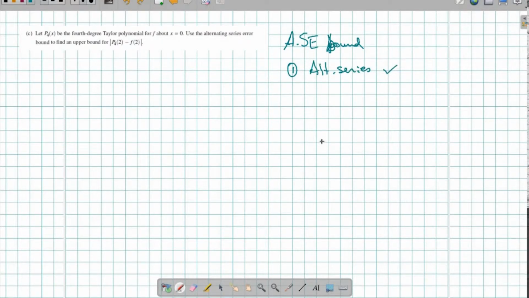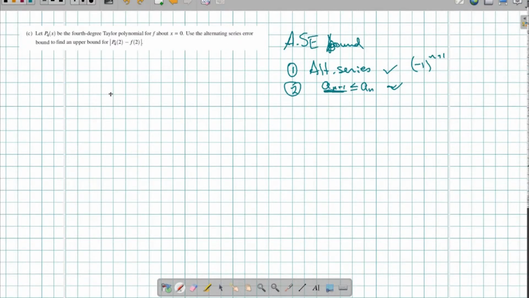Well, yeah, we are an alternating series because our series has that negative 1 to the n plus 1 part of its term. And two, if I take a look at a sub n plus 1, is a sub n plus 1 always going to be less than or equal to a sub n? And we saw that was happening when we did our ratio test earlier. So this satisfies everything we need for the alternating series test bound.